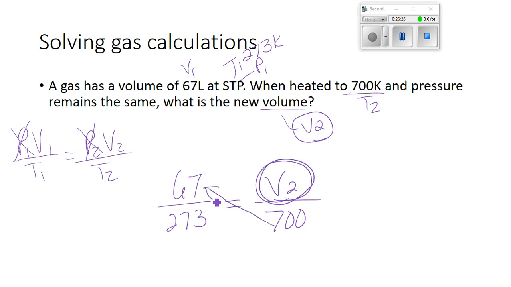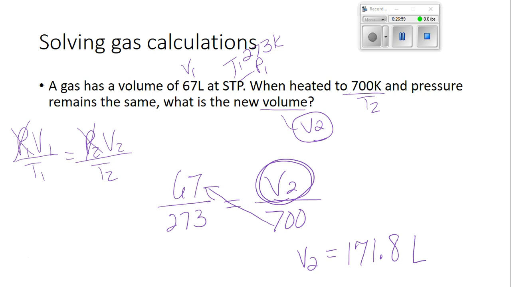This is going to cross multiply, so I take my calculator, and I go 67 times 700 equals, divided by 273 equals, and my V2 is equal to 171.8.